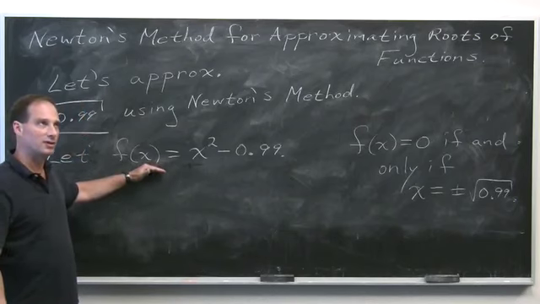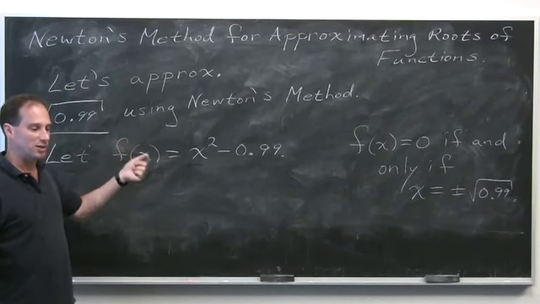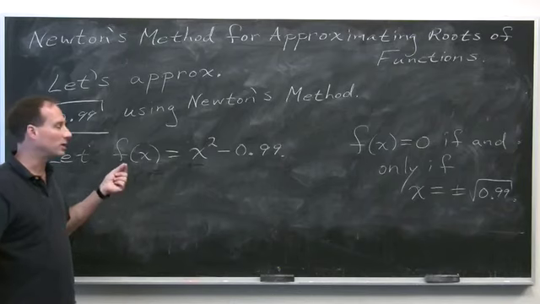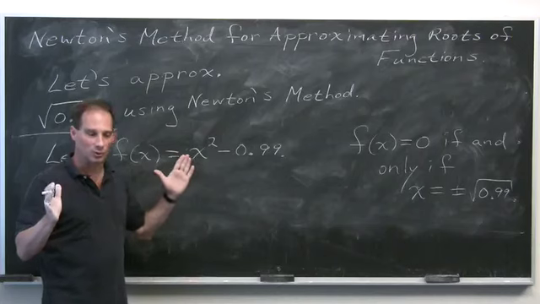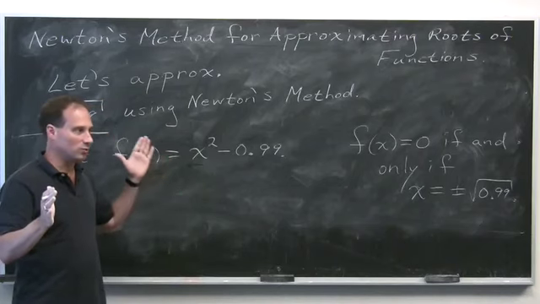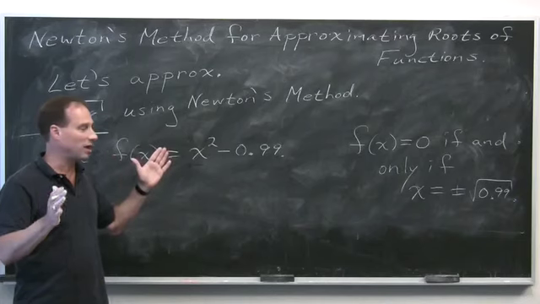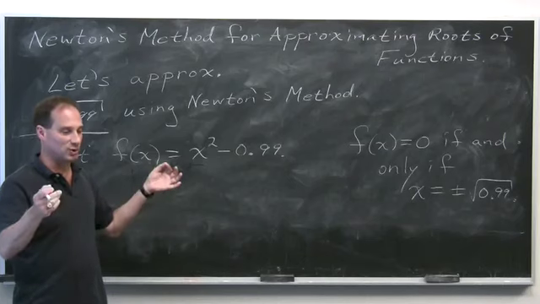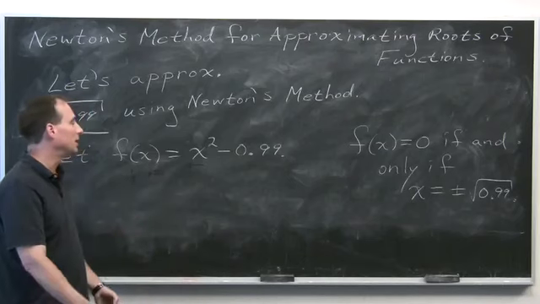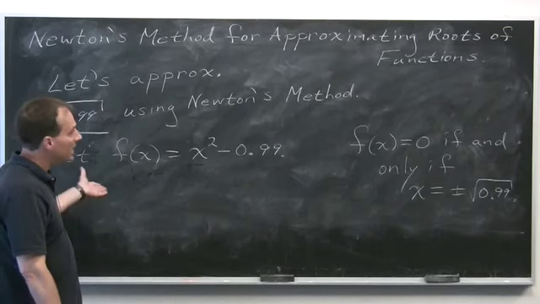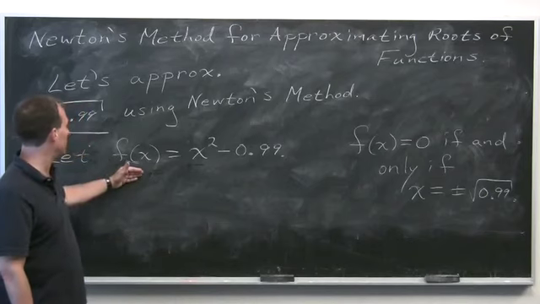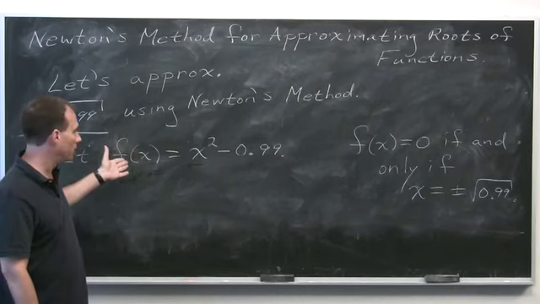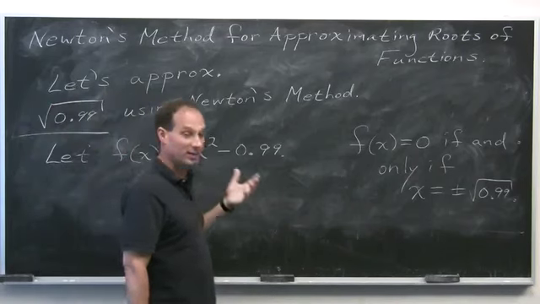Then, if the function's continuous, it had to pass through 0 in between. So there has to be a root in between those two x values. You could, for instance, take the midpoint, add those two x coordinates and divide by 2. That's one thing you could do. In this problem, there's an easy first guess. We're trying to find the square root of something that's clearly close to 1. So we'll pick an initial x that is 1.